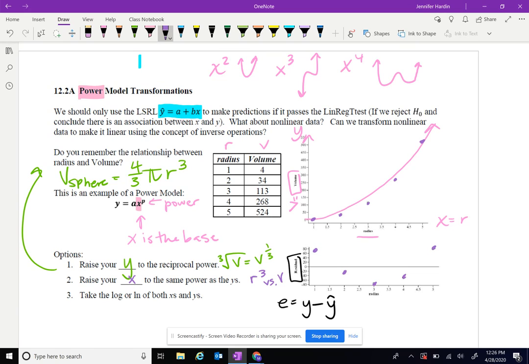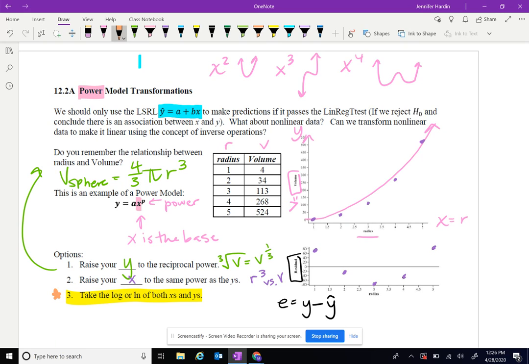The other thing, which is probably the easiest when you don't know what the powers are, is to take either the log or the natural log of both the x's and the y's. For us, anyway, that seems to be the easiest thing to do.